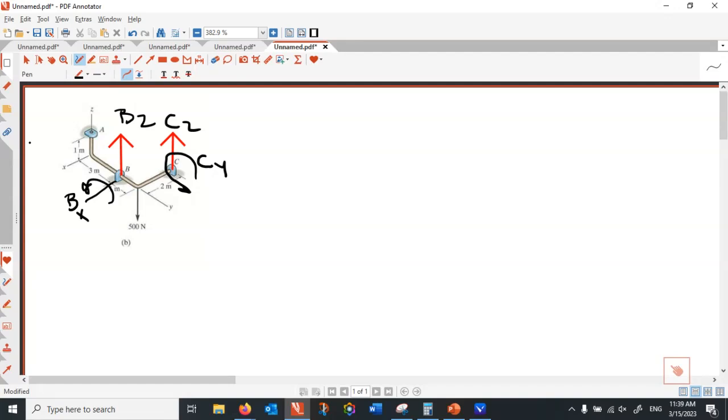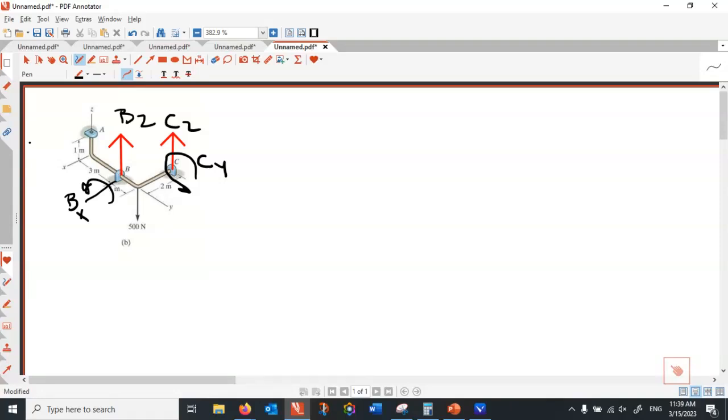Now, if I add all the z forces together, Bz and Cz cancel 500. Think of a uniform or non-uniform distribution; either way they would cancel. But they also generate some rotation in the system. So think of how 500 and Cz can make a rotation.